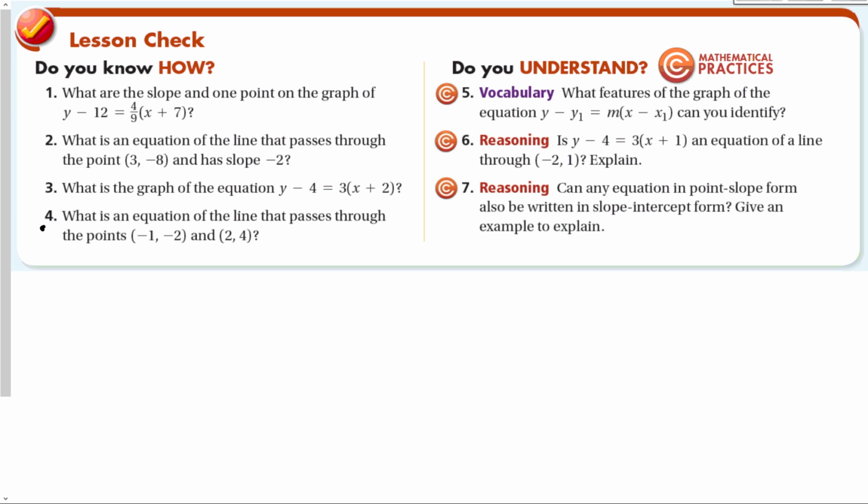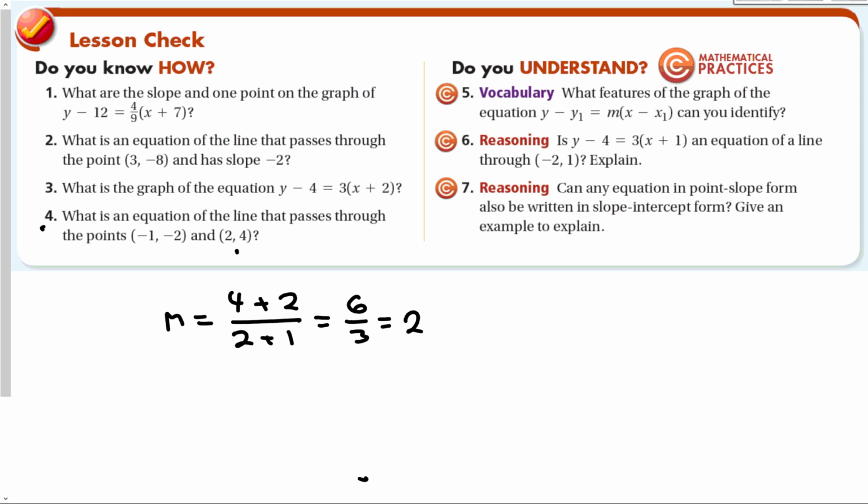The equation of the line that passes through the points -1, -2, and 2, 4. So first find the slope. So it would be 4 minus -2, which turns into a positive 6, and 2 minus -1, so that's 6 over 3, which is 2. So then I can pick either point I want.